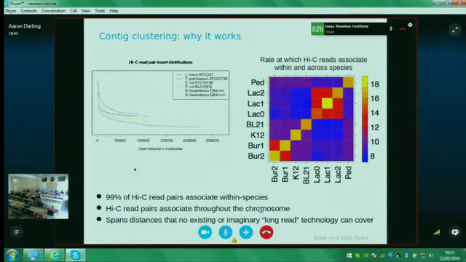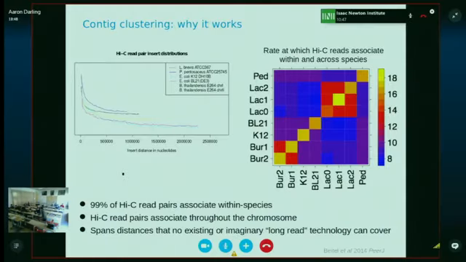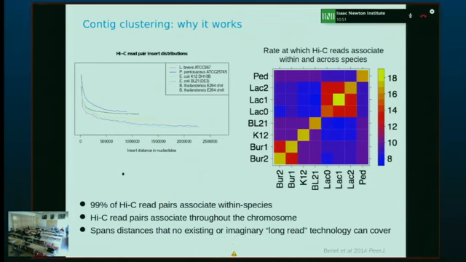So this was really exciting for us. We wondered why it was working so well, and the bottom line is that these data essentially look like giant mate pairs. You get pairs of reads that can span the entire chromosome of these organisms in 3C and Hi-C data. You also, it turns out, get read pairs that couple plasmids that were part of the same cell back to their host chromosome.